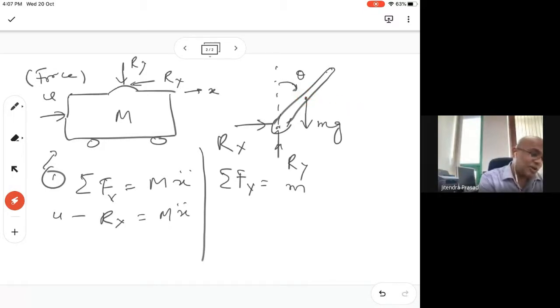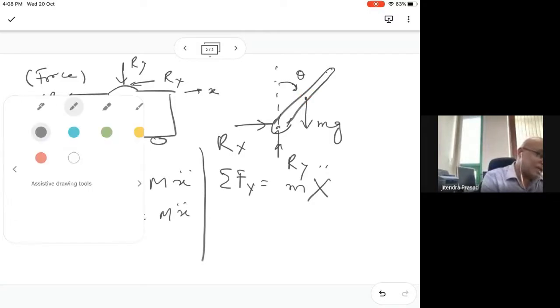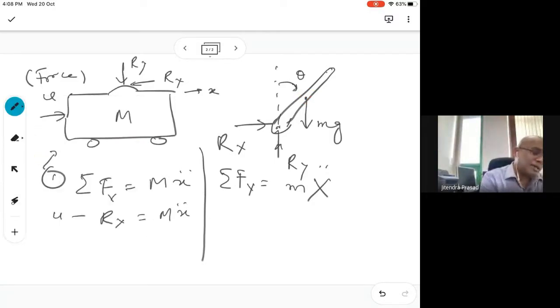So m is fine, but let's call it capital X double dot, where capital X is the x component of the center of gravity point.